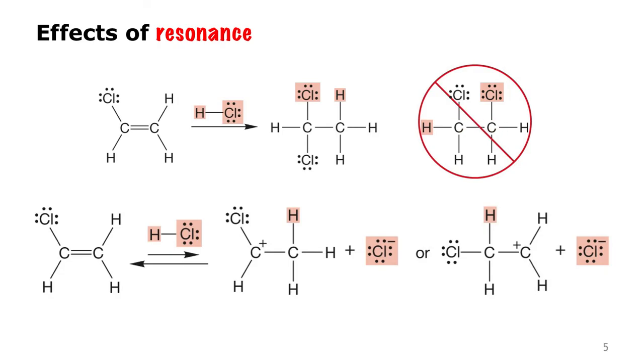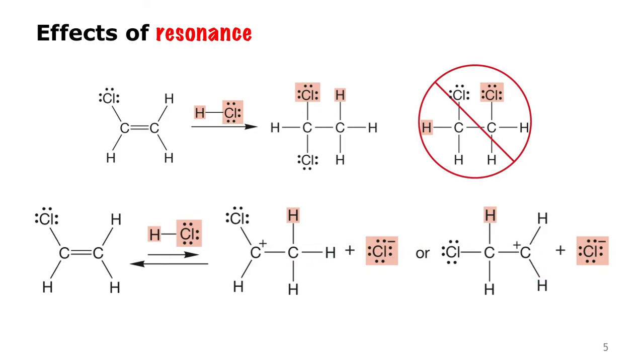So why would this be? Well, in order to understand, we need to look at the possible carbocation intermediates, and we can draw those. If you think about the protonation of this double bond, we can either protonate the carbon that bears the two hydrogens, producing the carbocation adjacent to the chlorine, or we can protonate on the carbon that the chlorine is attached to, and that would produce this carbocation.